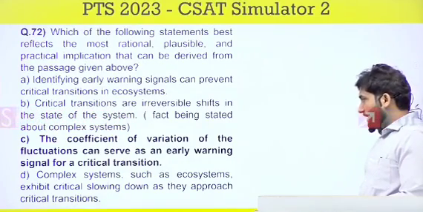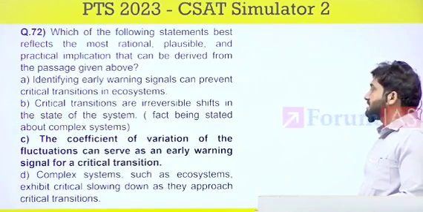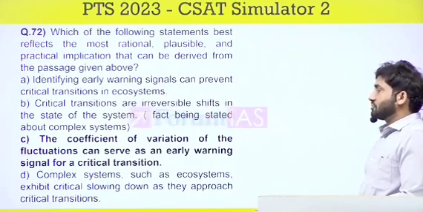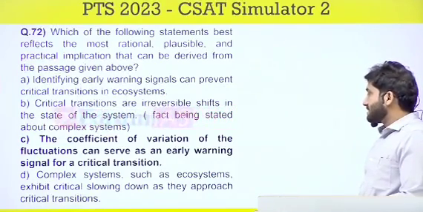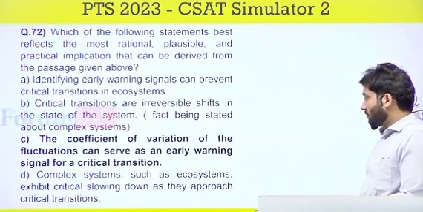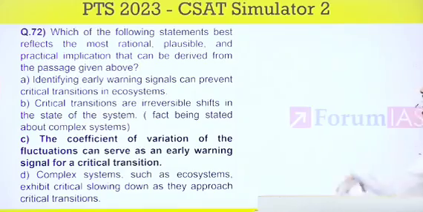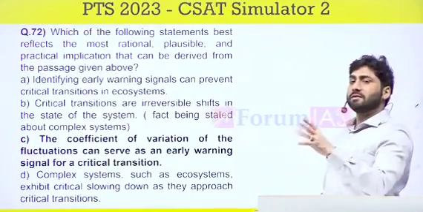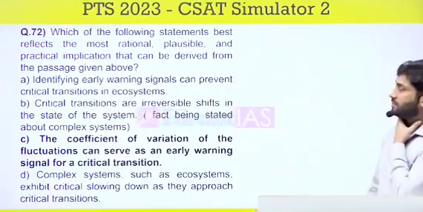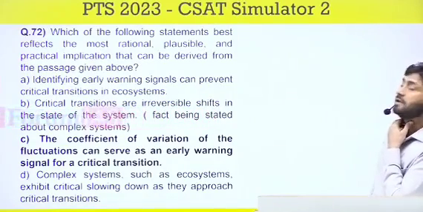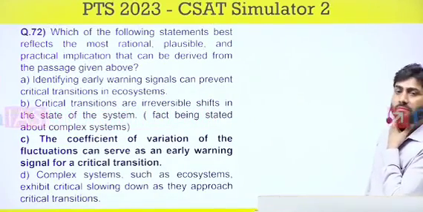The coefficient of variation of the fluctuations can serve as an early warning system for the critical transition. Complex systems such as ecosystems exhibit critical slowing down as they approach critical transition. See, somewhere or the other you find the mention of almost all the options. But what we are looking for is the most rational and plausible inference, right?